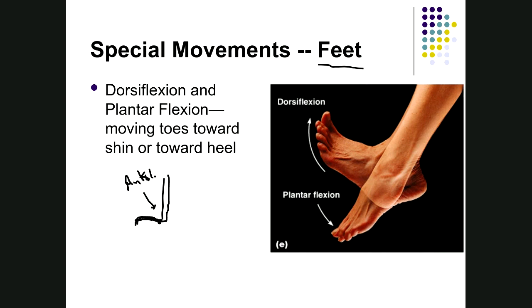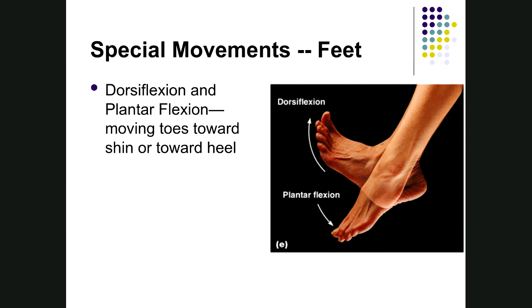So when you move your feet in either direction, you're going to decrease the joint angle. So if I move this way, I'm going to decrease this joint angle. It's going to get smaller. But if I curl my toes under like this, I'm going to decrease this joint angle. It's going to get smaller. So feet flex in both directions.